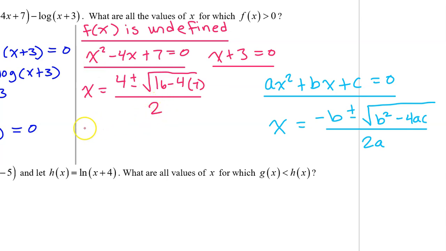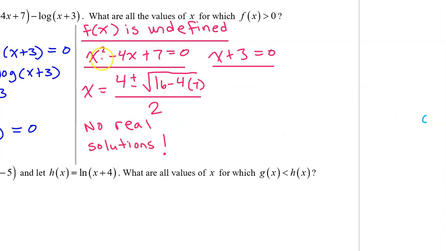So all over 2. At a glance, we can tell that this equation will have no real solutions because under the radical we have 16 minus 28. That's a negative number. That's going to be imaginary. So no real solutions here.